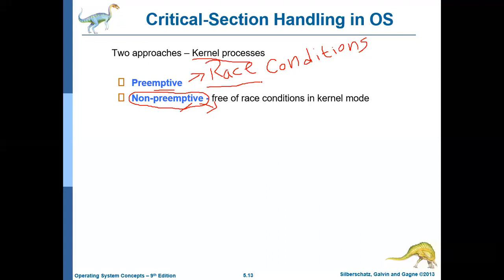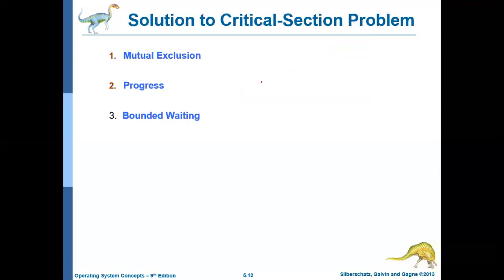Then we discussed a small solution to ensure data consistency. And then we discussed, if you want to propose a solution for the critical section problem, what are the conditions to be satisfied? Basically there are three conditions: mutual exclusion, progress, and bounded waiting. Mutual exclusion means if one process is in the critical section, then other processes should not be allowed to enter the critical section.